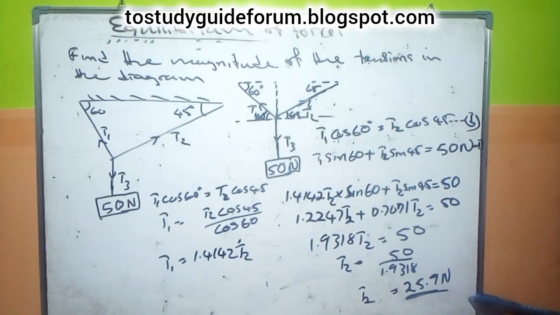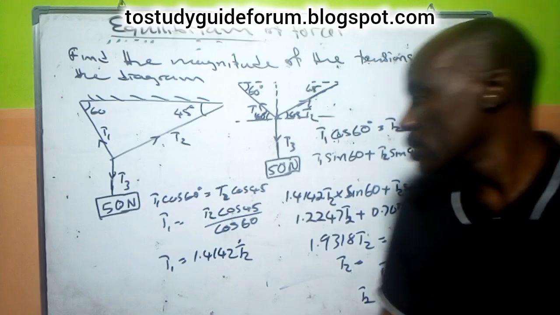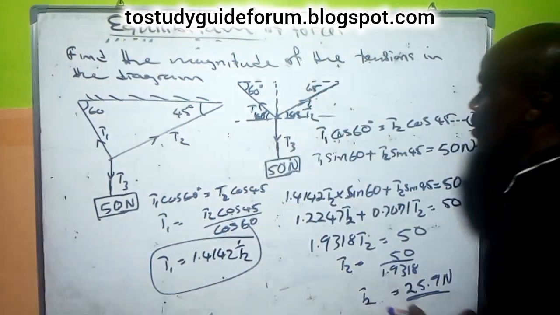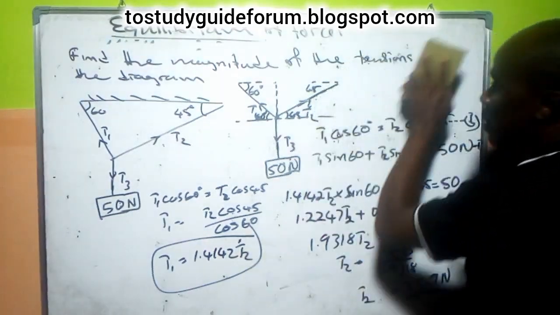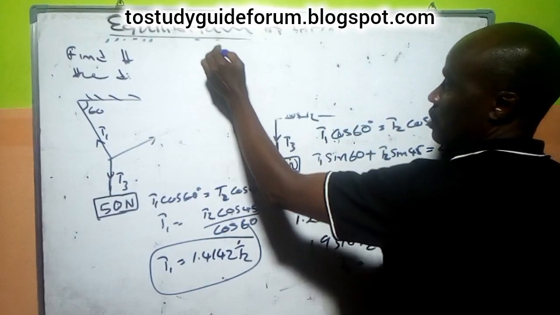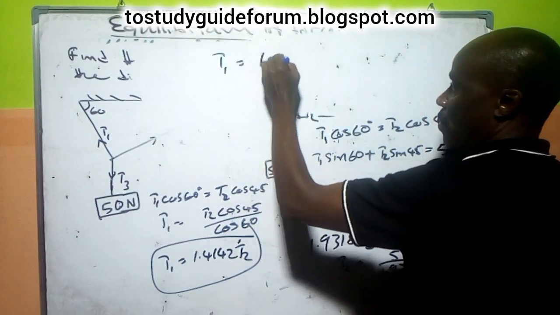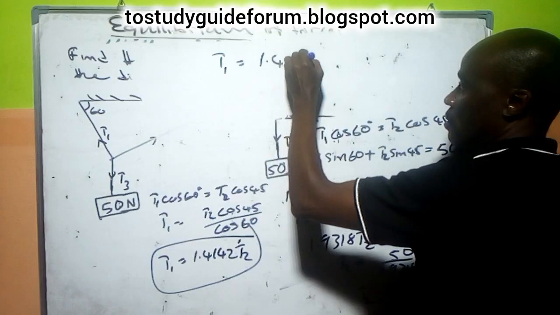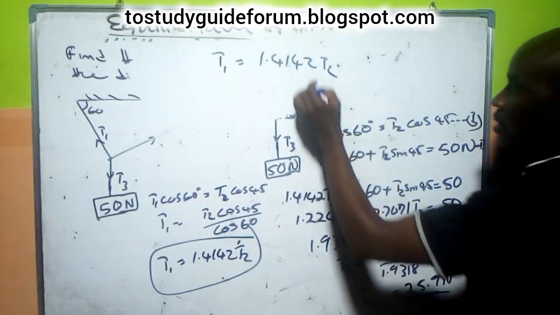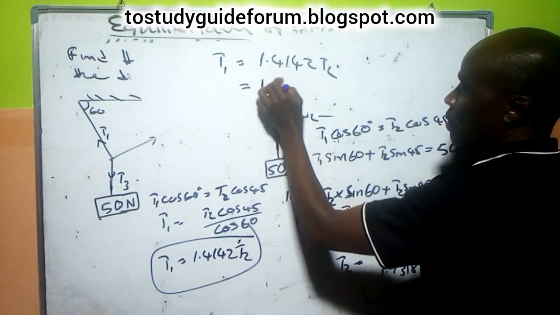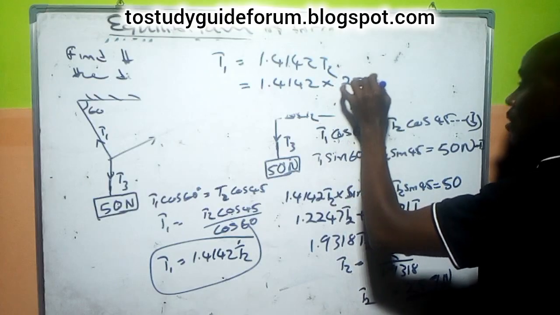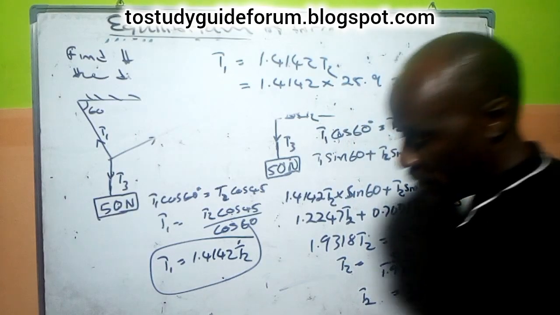We have T2. So what next? The next thing is to get the value of T1. To get the value of T1, we're simply going to use this one because it's already there. Since we know that T1 is equal to 1.4142 T2, and our T2 is 25.9, then T1 is 1.4142 times 25.9.